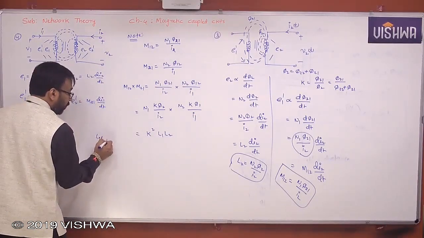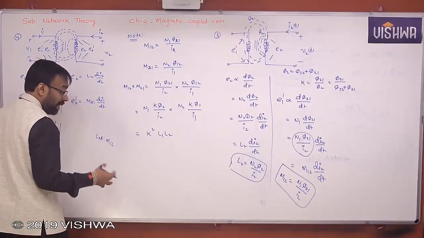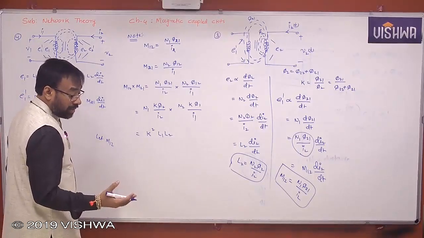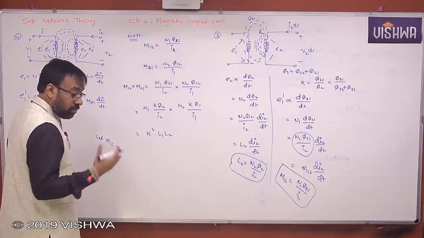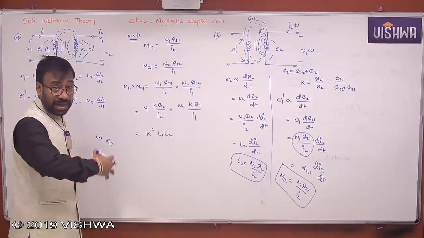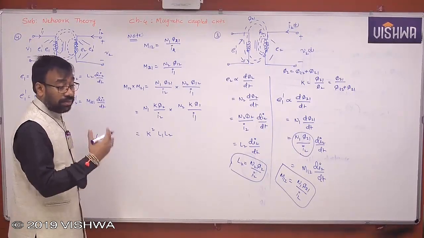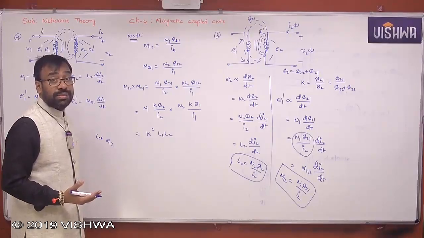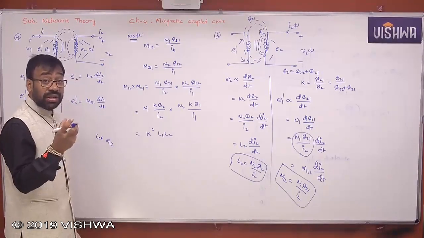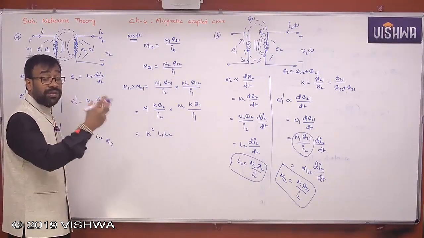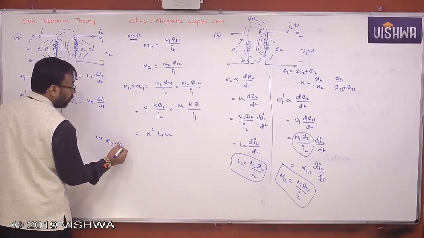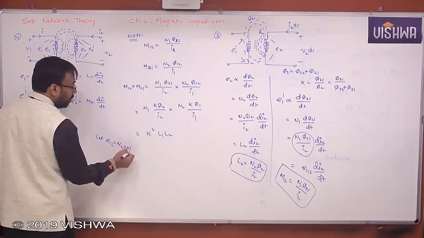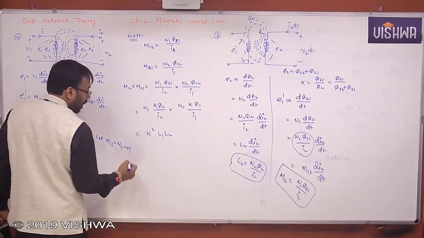M12 is the property of mutual induction, the property which is responsible for the mutual induction process. When primary is excited, whatever the mutual induction concept is taking place, the parameter responsible for that particular property, let us assume that M12 is equal to M21, both sides the same, means M. Then what will happen here?